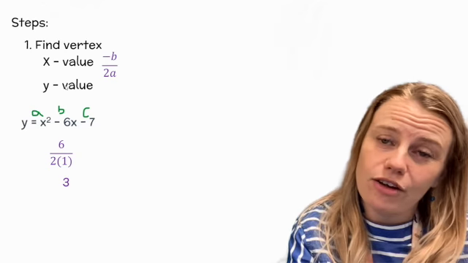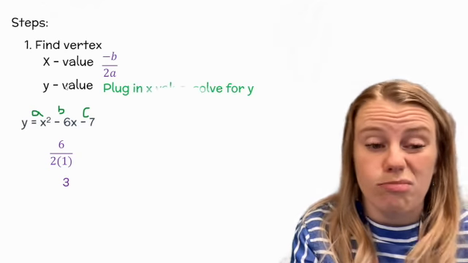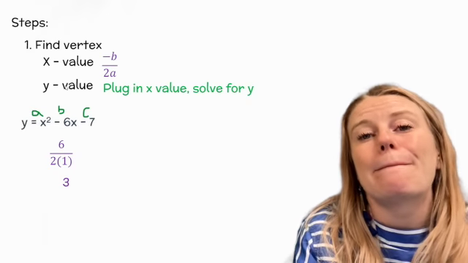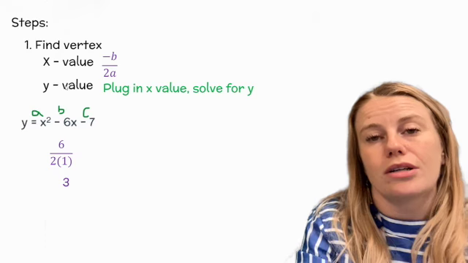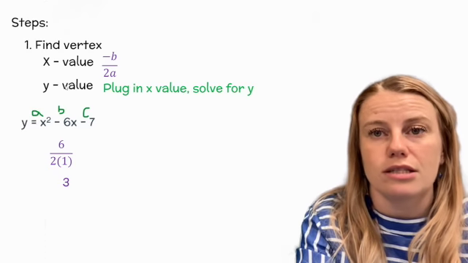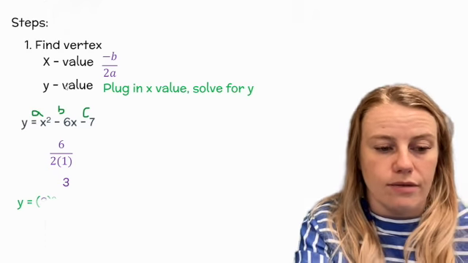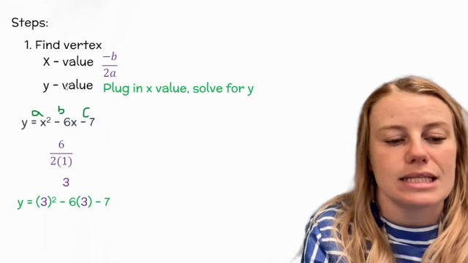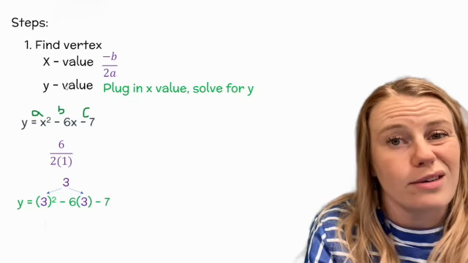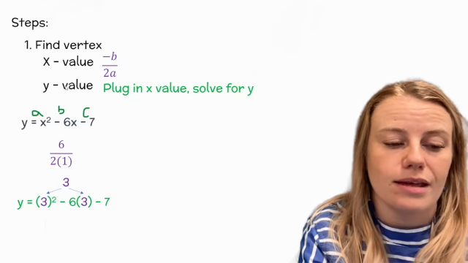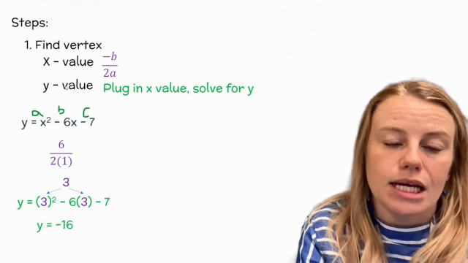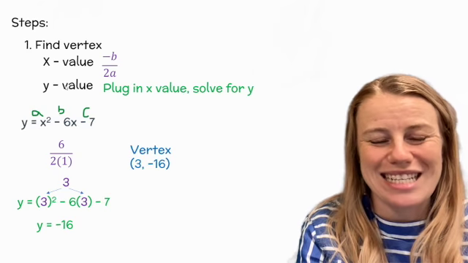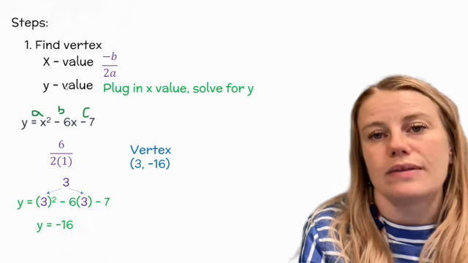To get our y value of our vertex, we're going to plug that number we just found, the x value, back into our equation and solve for y. So we're going to have y equals 3 squared minus 6 times 3 minus 7. Just plug that 3 in where I saw the x. And then I'm going to solve it. And y equals negative 16. So our vertex is at 3, negative 16.